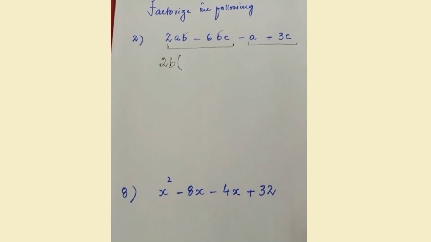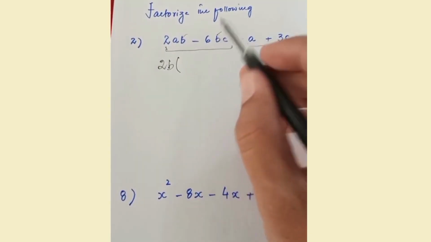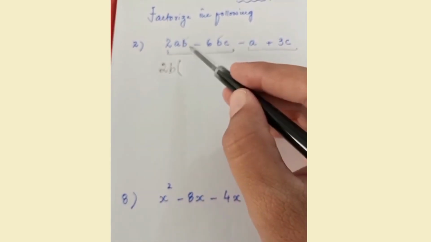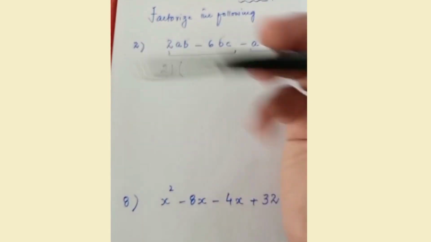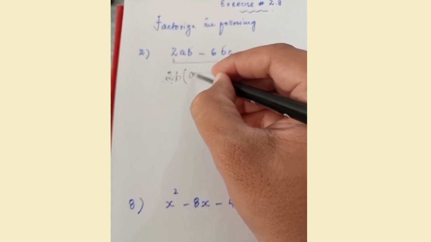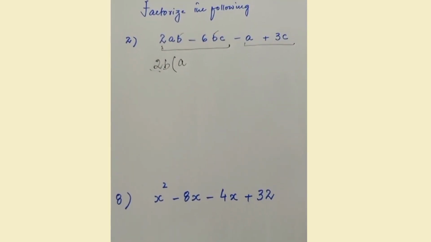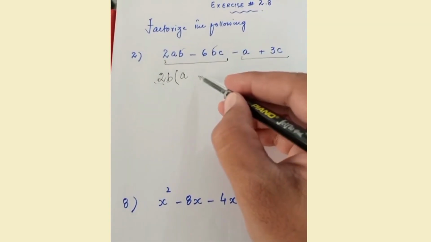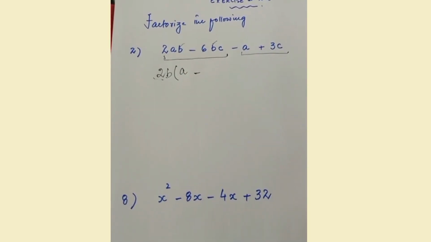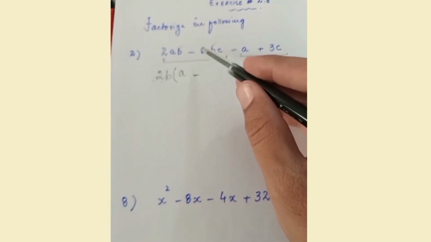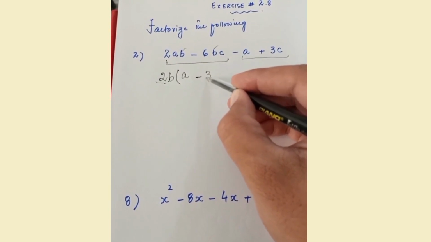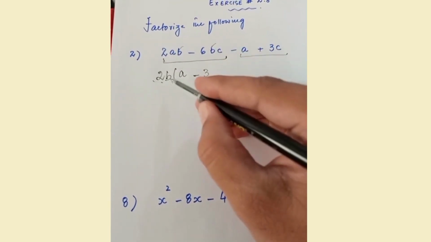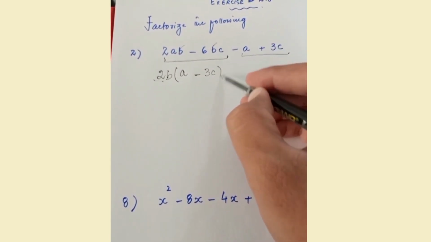Which things are left among these two? 2 common, B common, we are just left with A. Then we have minus, then 3 times 6, so we write 3 over there, B common, we are just left with C.